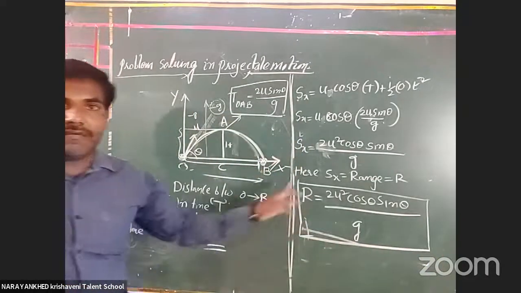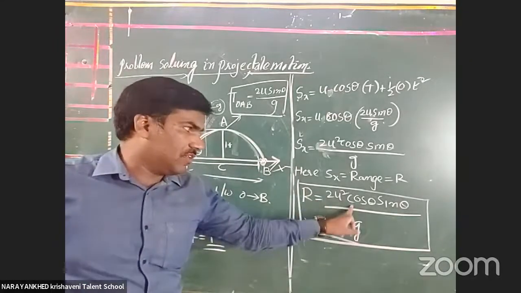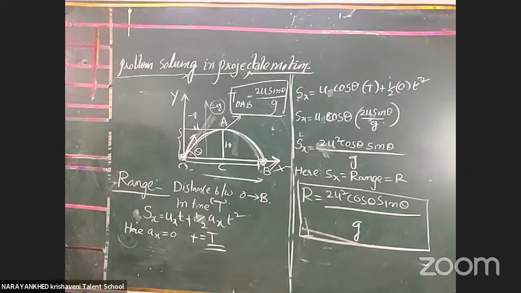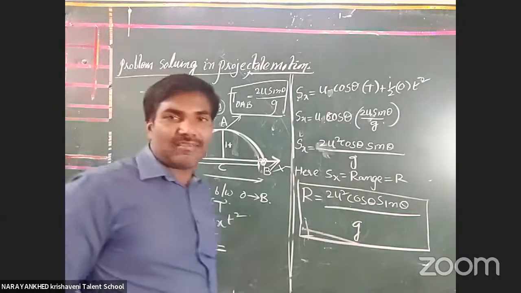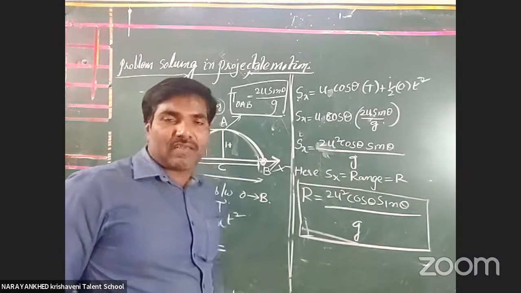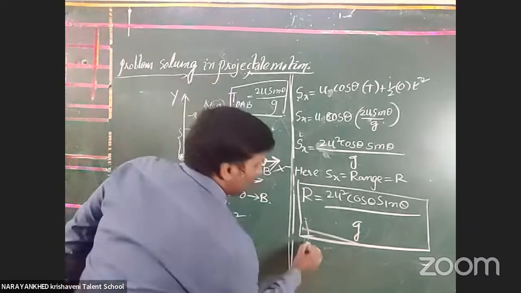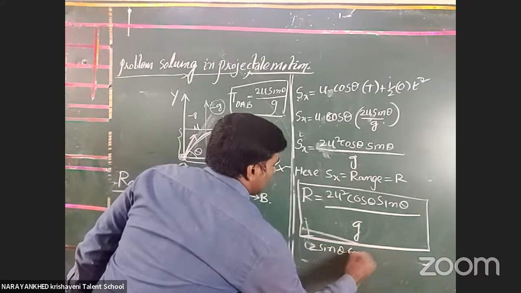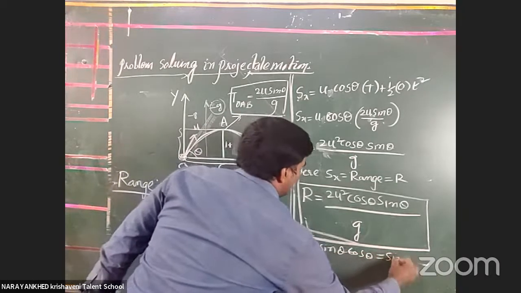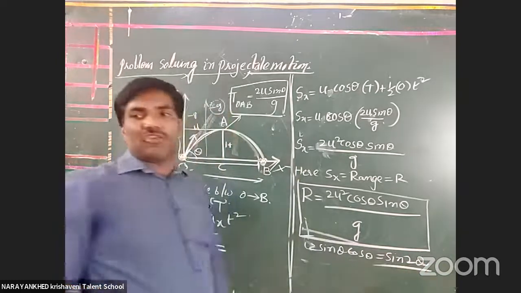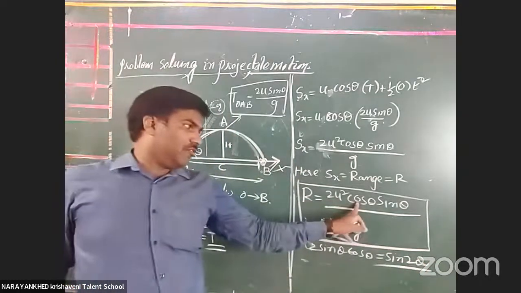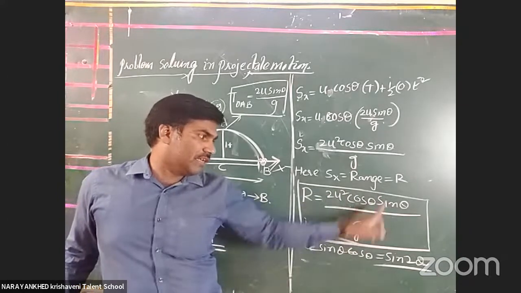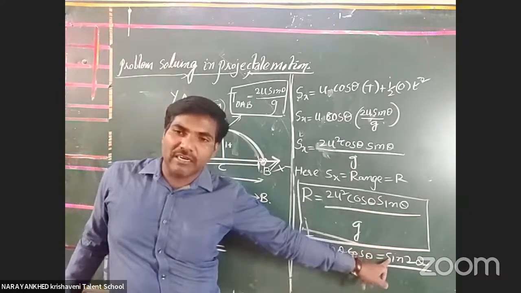Now, in our textbook this is minimized as 2 cos theta sin theta, which is equal to sin 2 theta. These formulas are there in trigonometric functions. So 2 sin theta cos theta is written as sin 2 theta. That's why we replaced the term 2 cos theta sin theta by sin 2 theta.